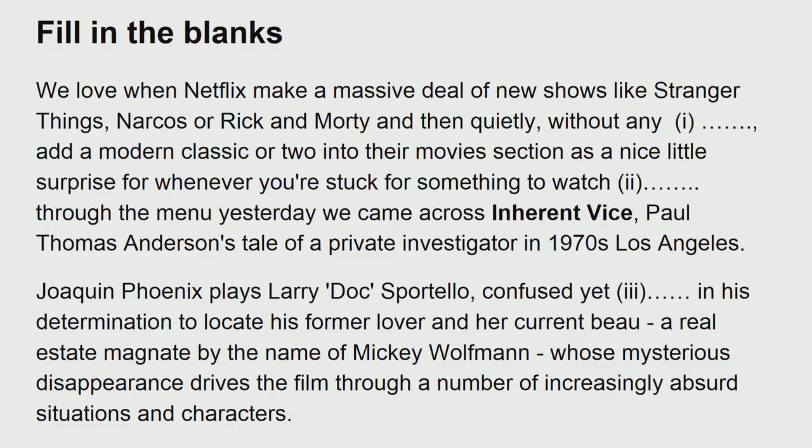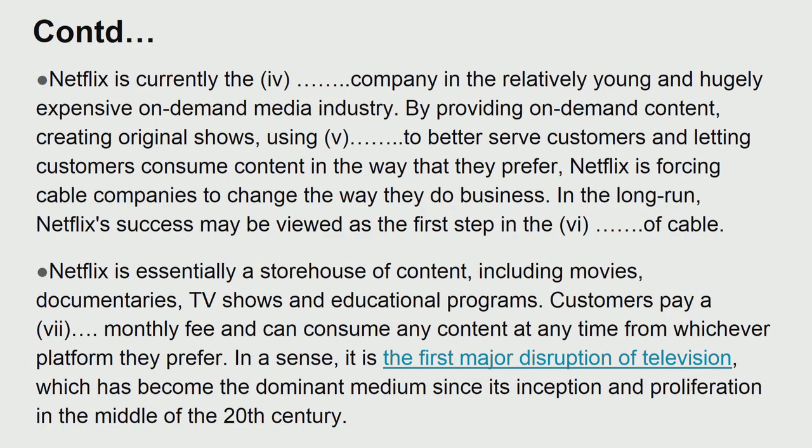And it's continued here. Netflix is currently the dash company in the relatively young and hugely expensive on-demand media industry. By providing on-demand content, creating original shows, using dash to better serve customers, and letting customers consume content in the way that they prefer, Netflix is forcing cable companies to change the way they do business.